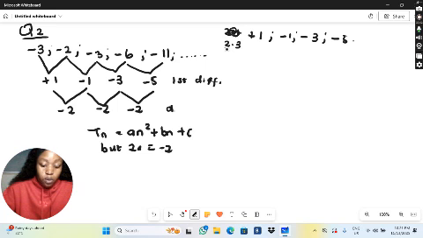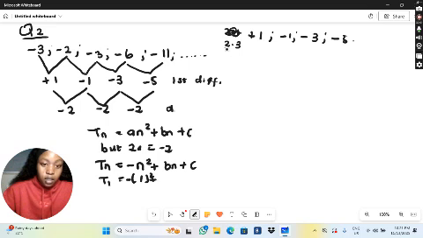So we are going to have Tn is equal to negative n squared plus bn plus c, which is then T1 is equal to 1 squared, which is negative, plus what?